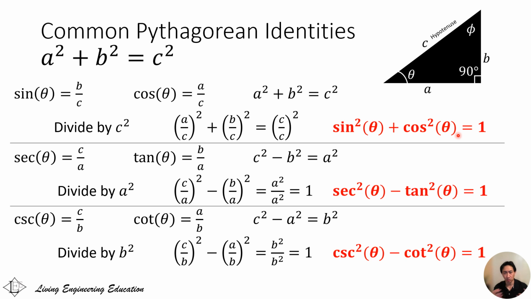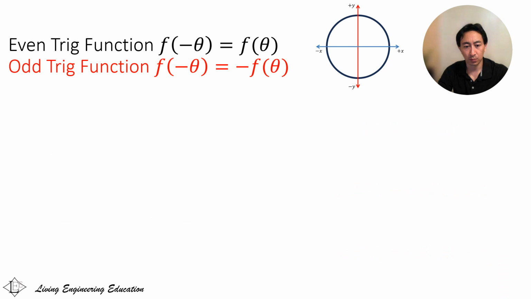That's the one that shows up over and over. But just know that these come from the Pythagorean theorem and the definitions of the trig functions. I would memorize this one because it gets used enough that it's useful to have. And these other two I would just have on some kind of sheet, maybe at the back of your calculator.